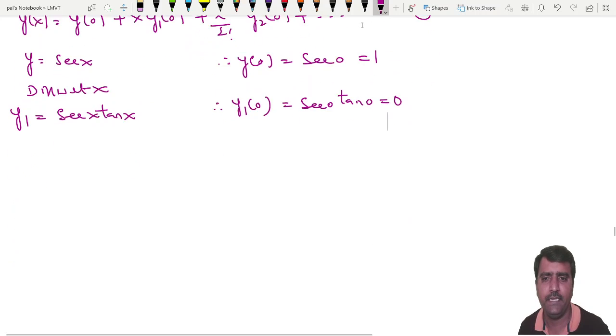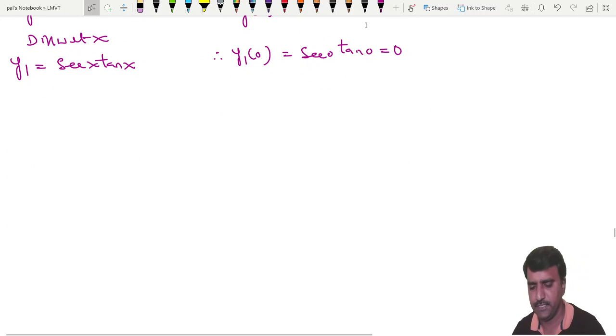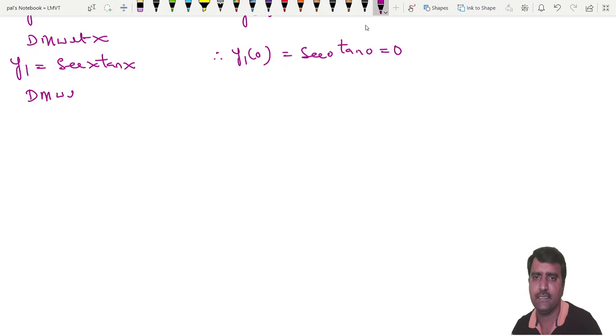To find y2, you differentiate y1 with respect to x. Again you differentiate this with respect to x. Differentiation of y1 is y2.